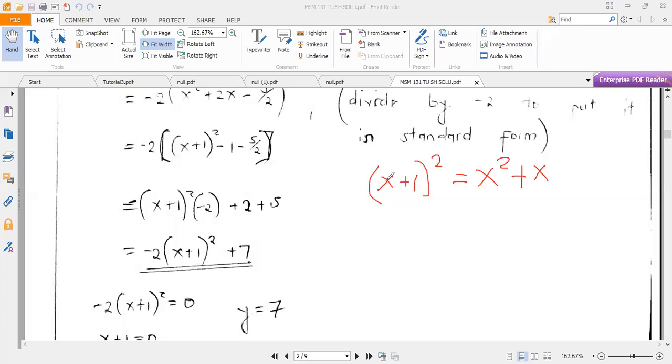Plus 1 times x is plus x, isn't it? Then 1 times 1 is plus 1. So this is now equal to x squared plus 2x plus 1. Do you agree with me?